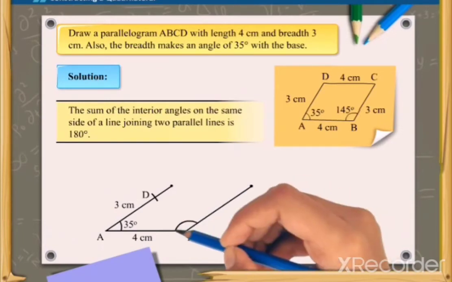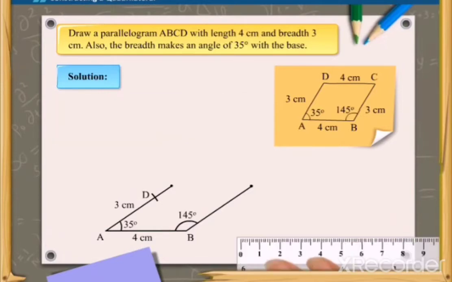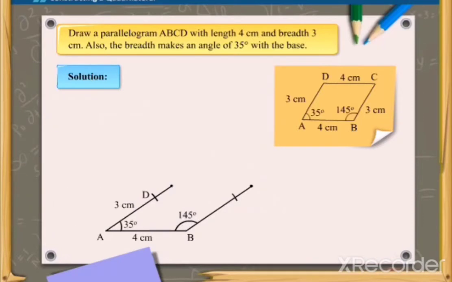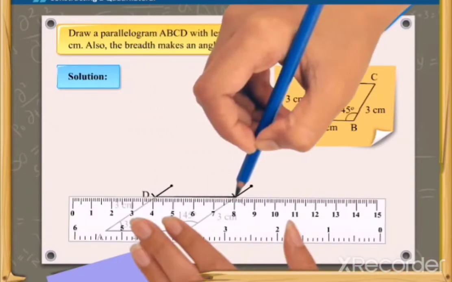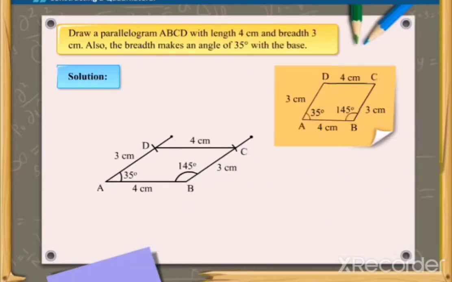This is equal to 145 degrees. Now, draw an arc of radius 3 centimeters intersecting the previously drawn line at C. Now, join C and D to get the required quadrilateral.